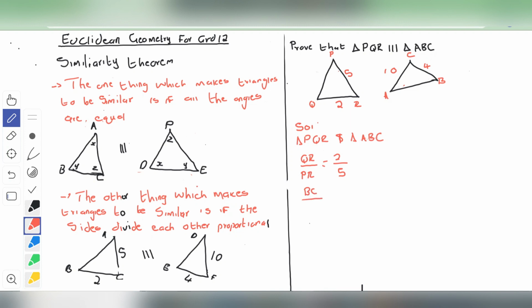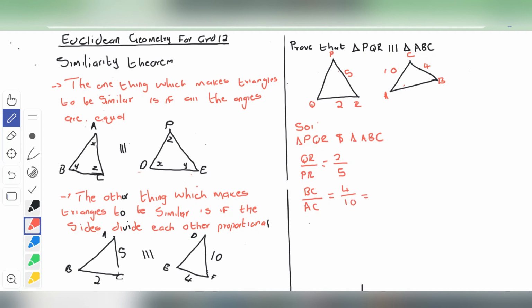all over. Then we check again PR. In PQR, that is the first letter and the last letter. So from the second triangle, I need to choose the first letter and also the last letter, so it's going to be A and C. We can see that BC is equivalent to 4, and then AC is equivalent to 10.